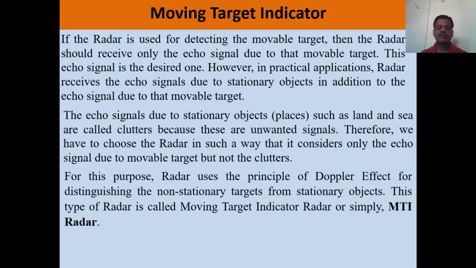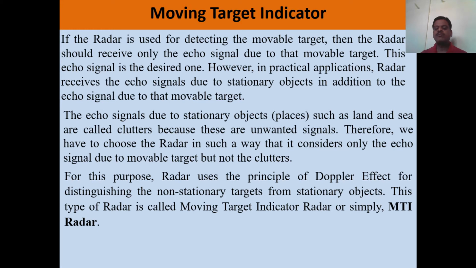Therefore, for this purpose, the Doppler principle is used in the radar. Means the principle of the Doppler effect is used, and it can distinguish between stationary and non-stationary objects.